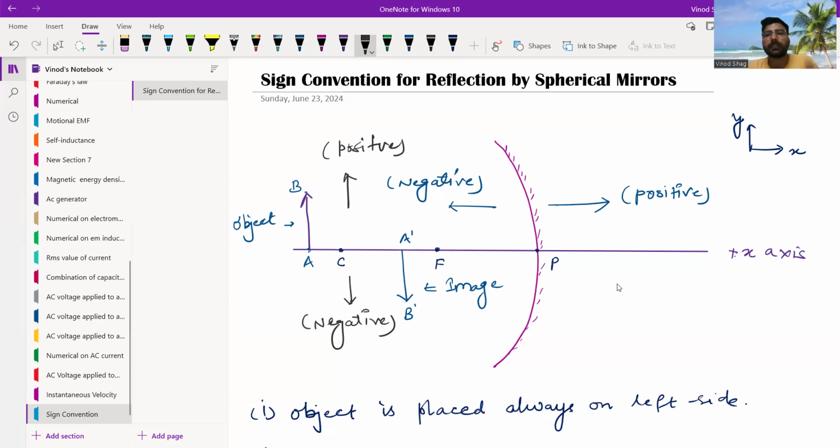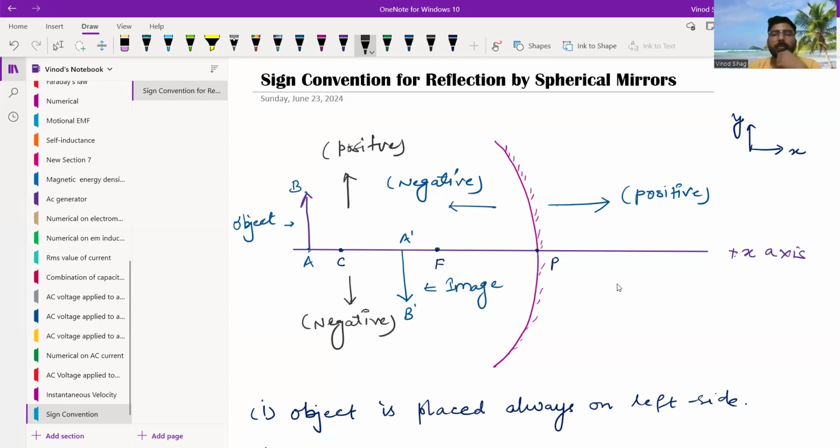So it is clear that the distances which are on the right hand side of the pole will be taken as positive, and the distances which are on the left hand side of the pole will be taken as negative, and the distances which are above the principal axis will be taken as positive, and the distances which are below the principal axis will be taken as negative.